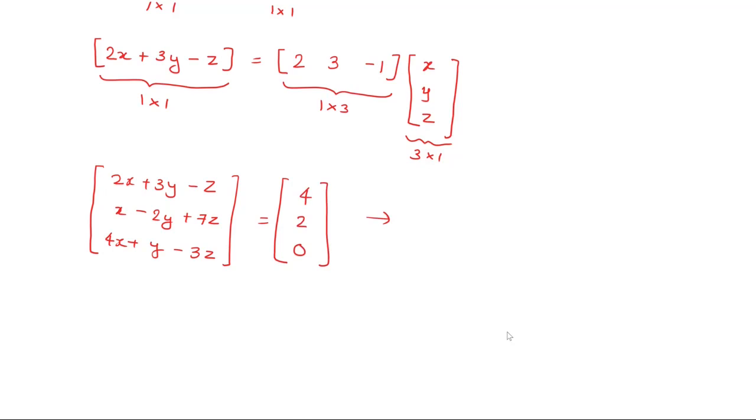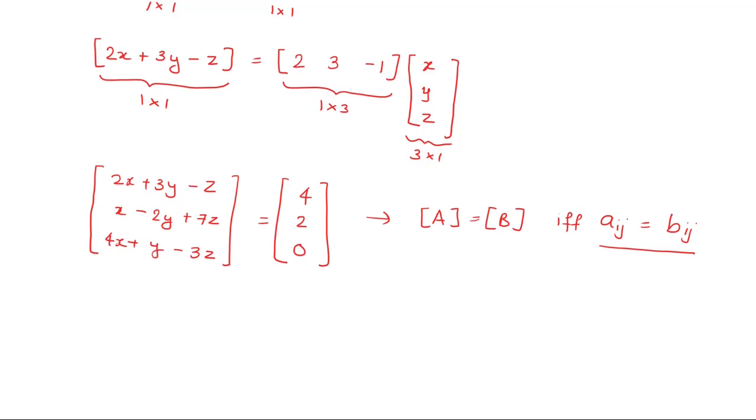And this is based from the fact that a matrix A is equal to a matrix B if and only if each and every component of matrix A is equal to each and every component of matrix B. And we can see that from this relation, our first component of the left hand side, 2x plus 3y minus z, is equal to 4.